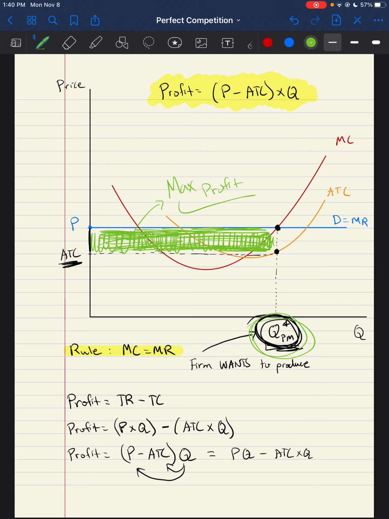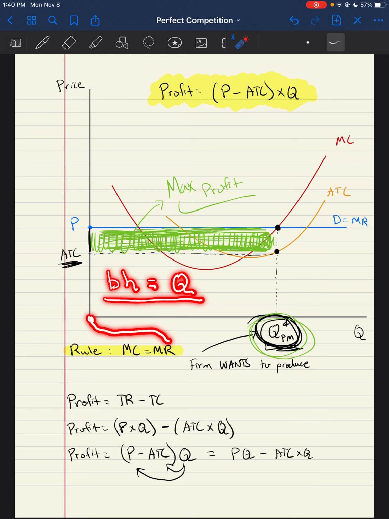And notice that the area of this rectangle, not triangle, I said triangle earlier, is actually just what? It's just base times height. What's the base? The base is the quantity, because we're going from this point here to this point here. And what's the height? The height is just P minus ATC, from this point to this point here.